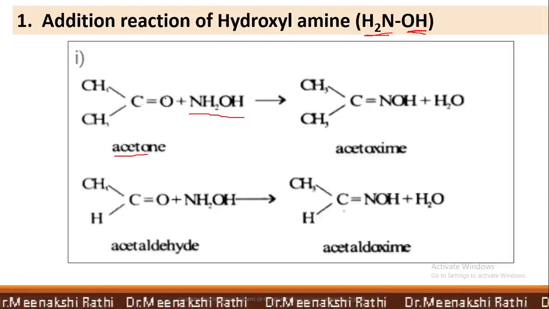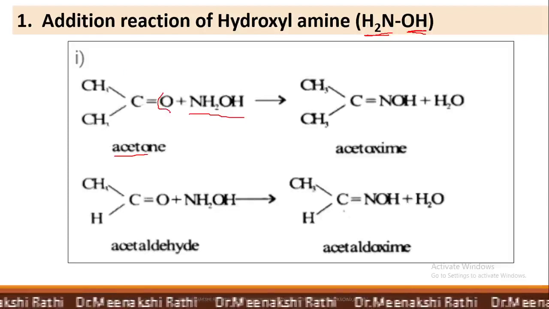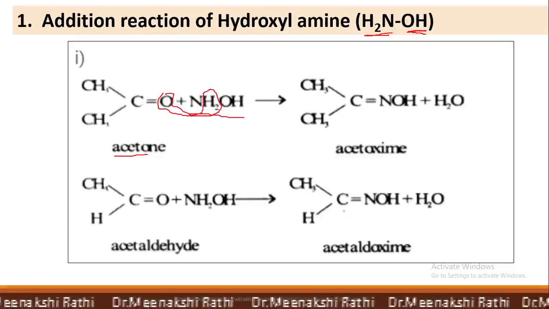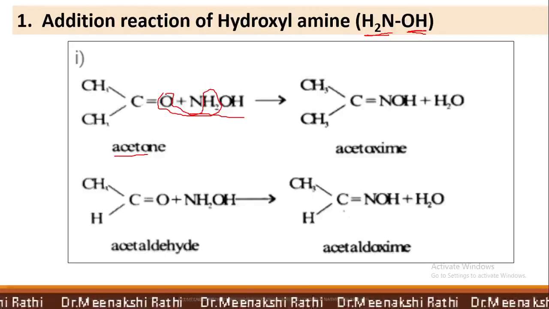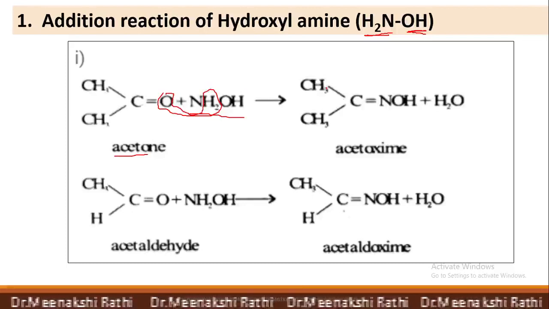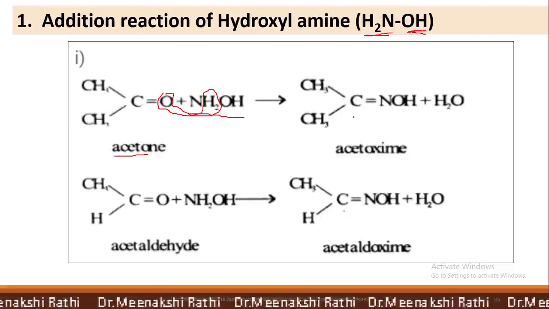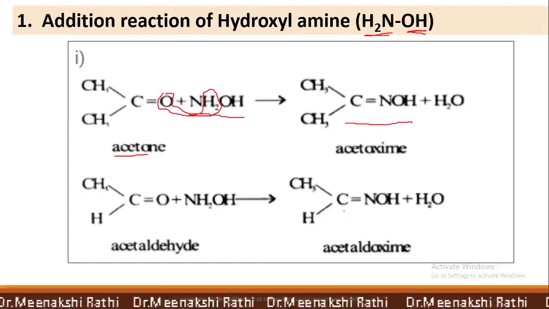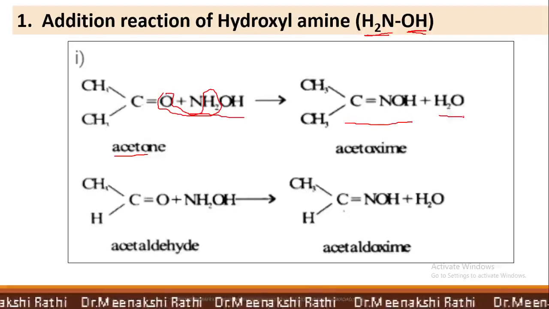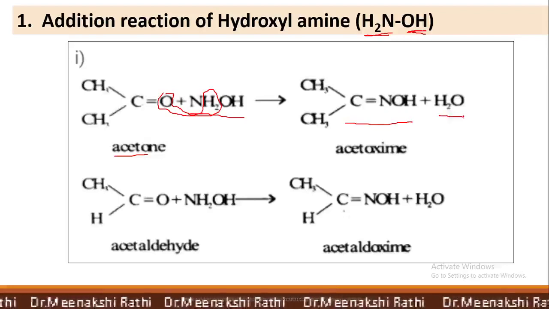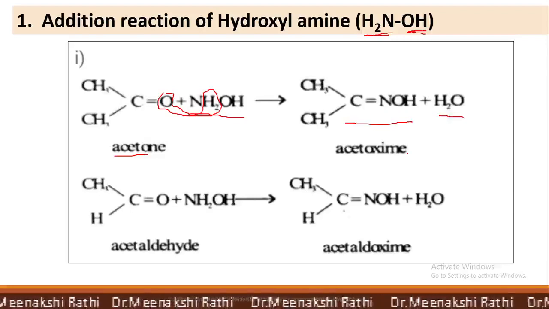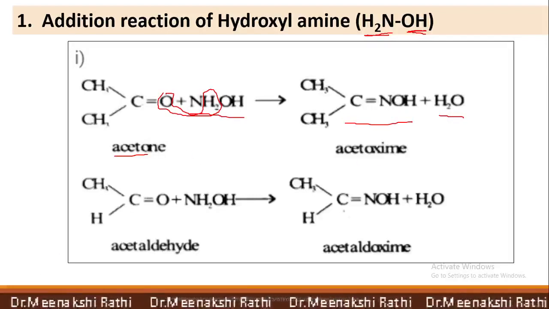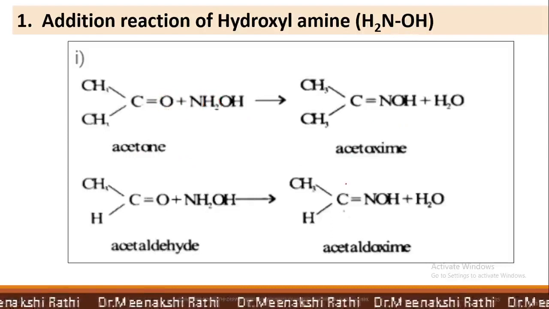Simply here we can show it as this oxygen and this hydrogen are removed as a water molecule, and there is a formation of CH3 double bond NOH. This addition product is formed and water molecule is removed. So it's the addition elimination reaction. Here, as it is formed from acetone, its name is acetoxime.